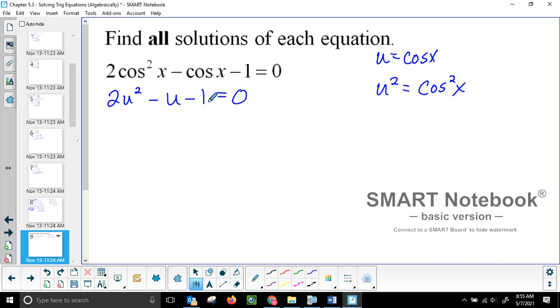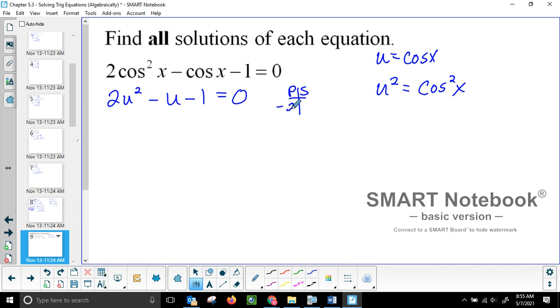But it can help. Those of you that struggle with factoring a little bit or don't like factoring, and definitely don't like having to factor with cosines and cosine squareds and stuff, this can just be a tool that helps you. But I don't want you to think that it's required to put in the u's. It certainly is not. Okay, so here my leading coefficient is something other than 1, so I'm going to use my trash can method.